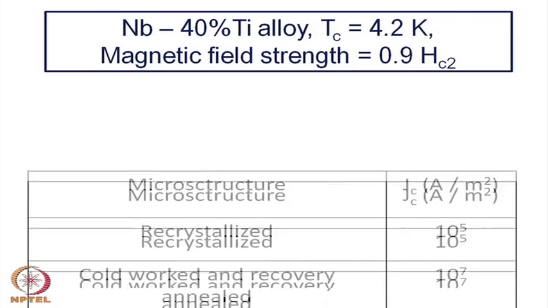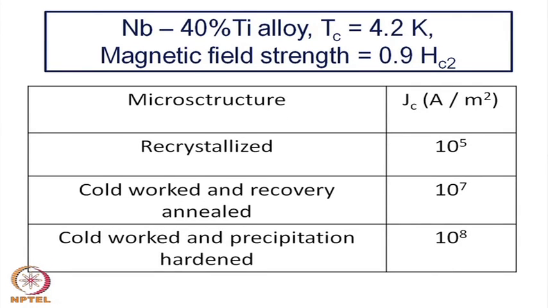We take one particular example of, once again, a low temperature superconductor. It is a niobium 40% titanium alloy with a Tc of 4.2 K. Now, the magnetic field strength we have taken for this current density measurement is about 0.9 of Hc2.